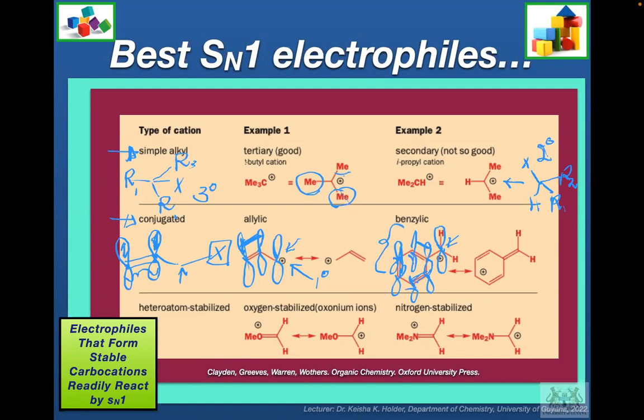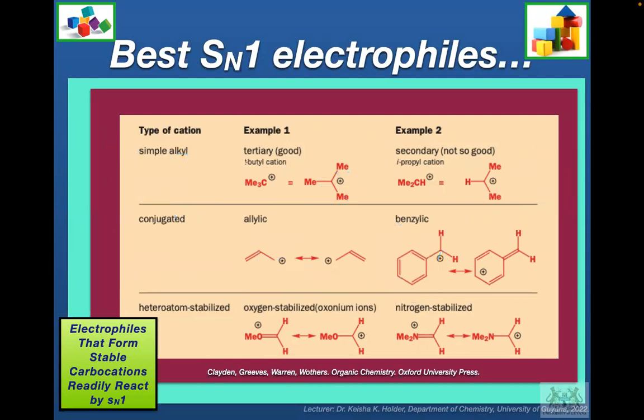So again, in this situation, you have a primary carbocation, but it is stabilized by the presence of a pi system. And that's what we mean when we say it's conjugated.